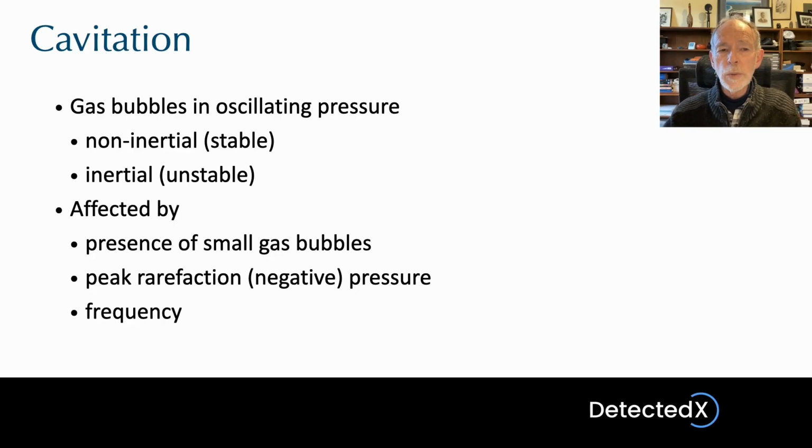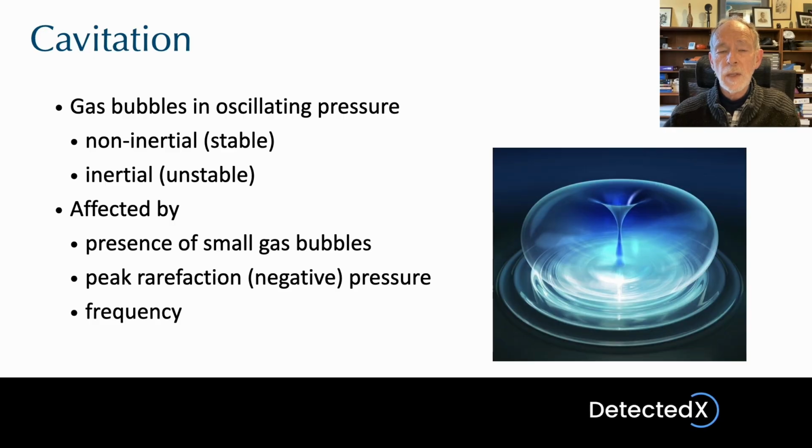So the bubbles grow in size and then they either stabilize, in which case we're talking about non-inertial or stable cavitation, or alternatively, the bubbles collapse rapidly, as shown in this diagram here. When the bubbles collapse, we refer to this as inertial cavitation or unstable cavitation.